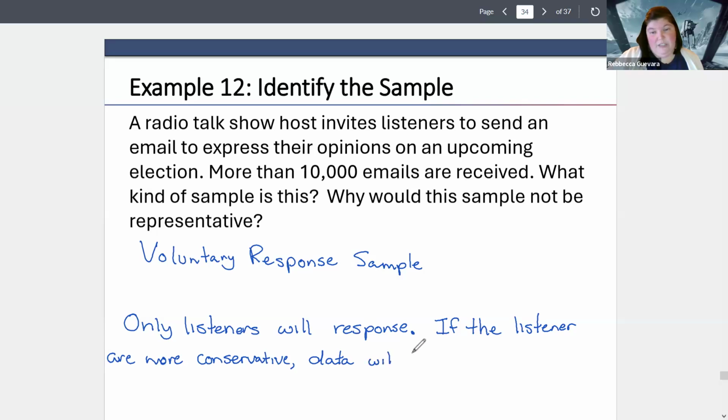Your data will reflect more conservative opinions, which maybe that's what you're aiming for. But if you just want to know what people are thinking, and you ask people to call into your show, you're going to get just your viewers calling in, and they're listening to you because they like what you say, and it goes along with what they say. Data will be more conservative.